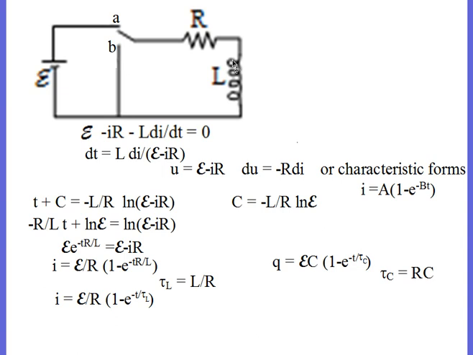And if they asked you what happens to the voltage across this as a function of time, you could either do Kirchhoff and take the EMF minus whatever's going on here, which would be R times the current, and there is the expression for the current.